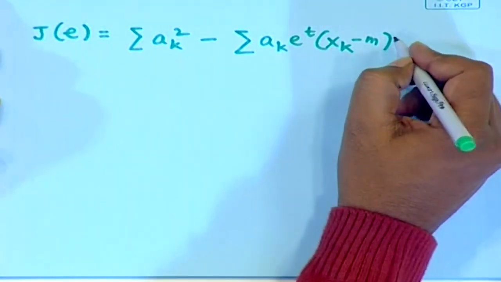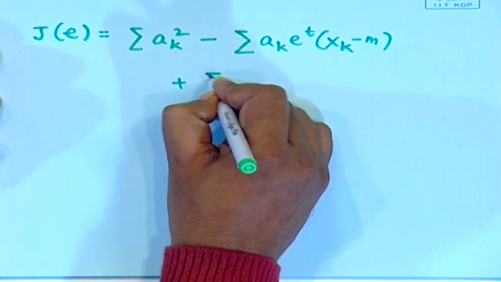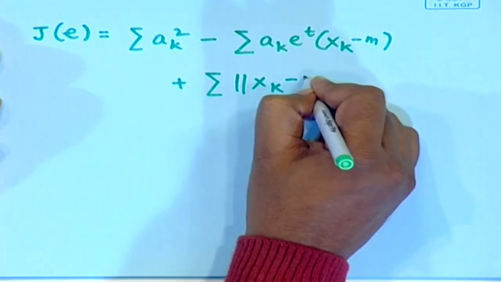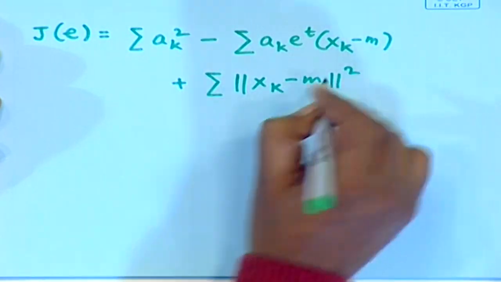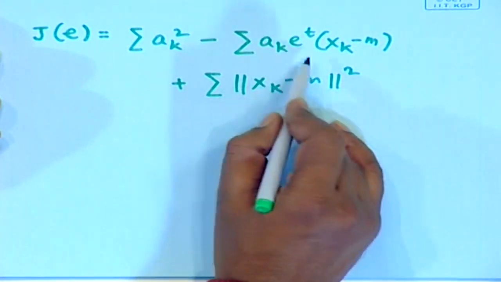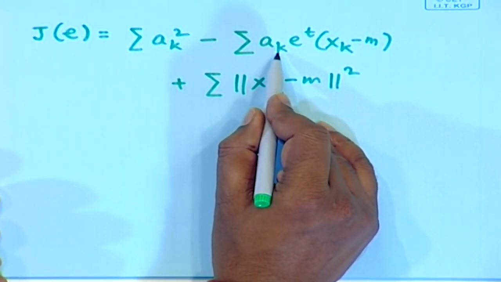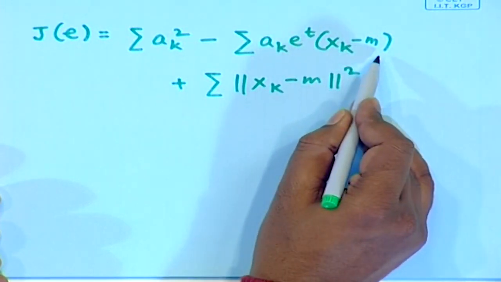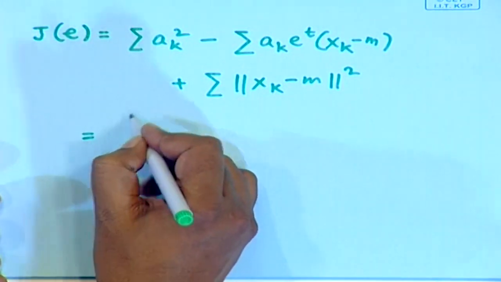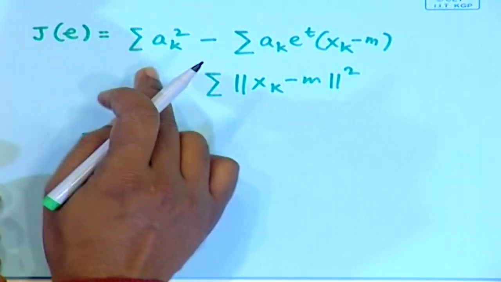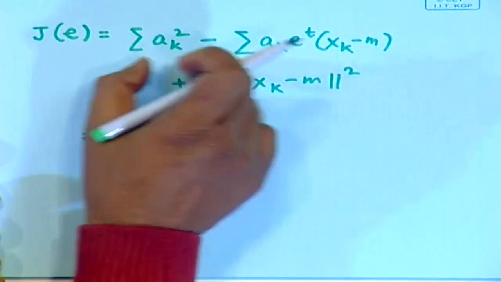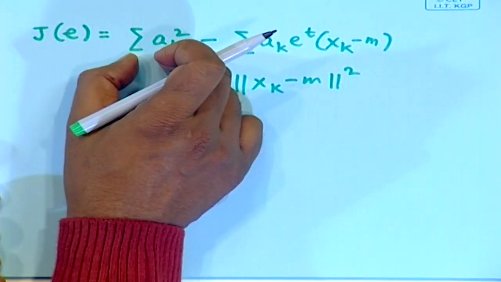right, plus sum of xk minus m square. I am not writing the limit of summation. Now, this AK we have found that it is the same as E transpose xk minus m. So this will be AK square, this will also be AK square, this is minus 2 AK square, minus 2 summation of AK square, this is plus summation of AK square.